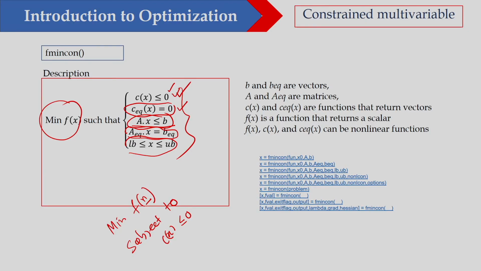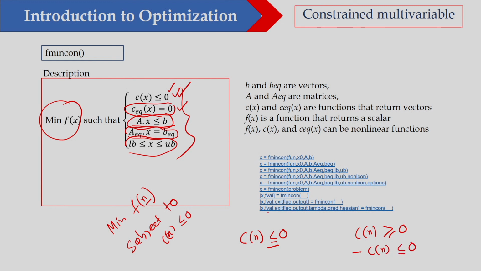Here we have to note one thing, that when you are defining an inequality constraint, that means c(x) less than or equal to 0, this sign should be less than or equal. If your problem is c(x) greater than or equal to 0, then you will multiply it by minus 1, so minus c(x) is less than or equal to 0.